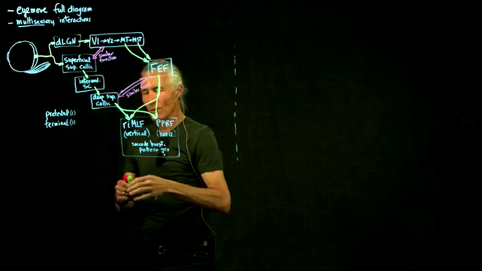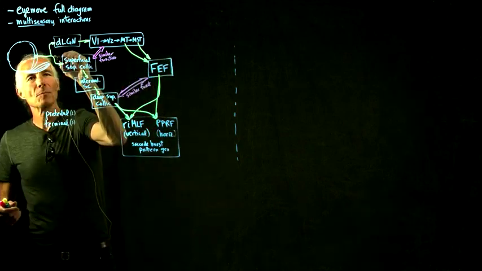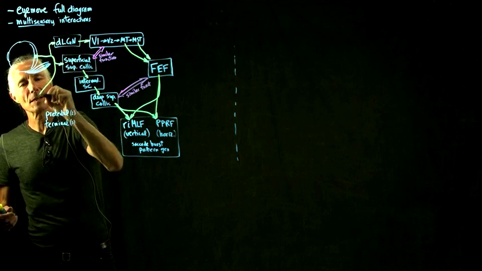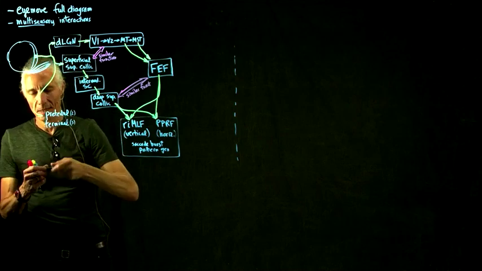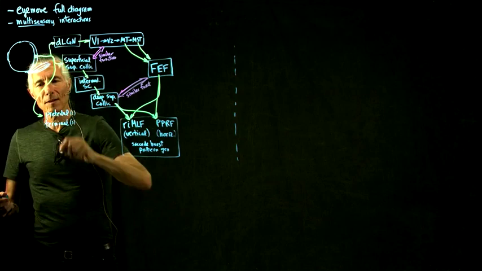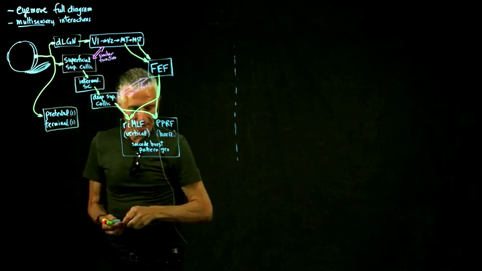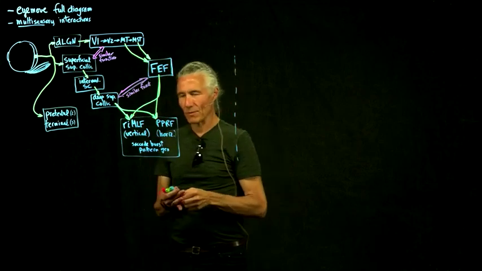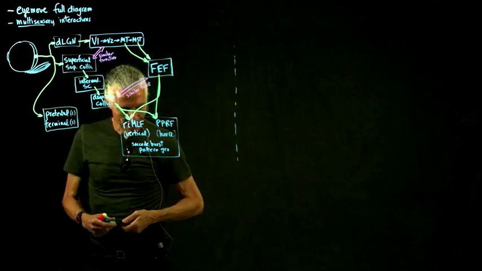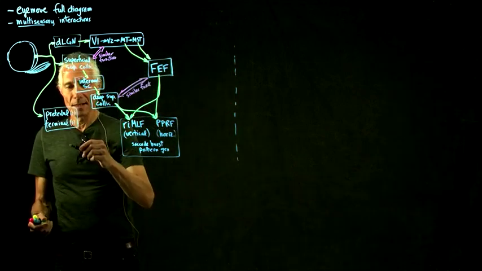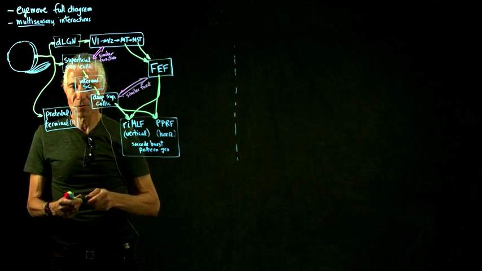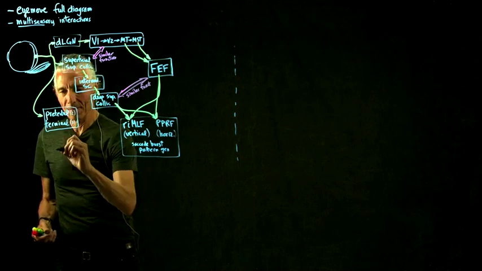And those guys get their own separate retinal projection that goes down to them. These are the ones that are involved in the optokinetic nystagmus. And how do they do the optokinetic nystagmus? They project to the vestibular nuclei.